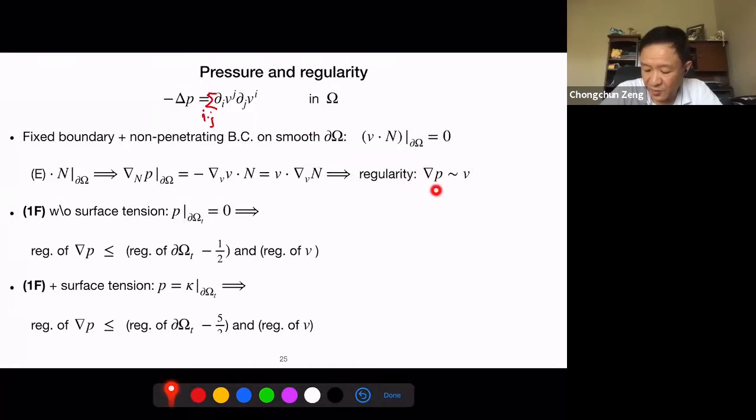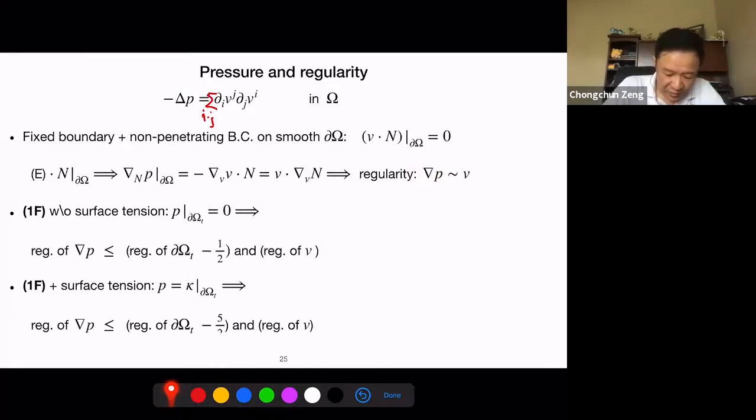The gradient of the pressure, which is the Lagrangian multiplier in the Lagrangian formulation, appears like a driving force in the Euler equation at the same regularity level as the velocity. So that does not make things worse, and it also helps the Euler equation to appear as an ODE in the Lagrangian formulation.